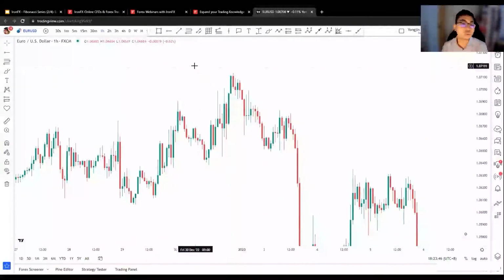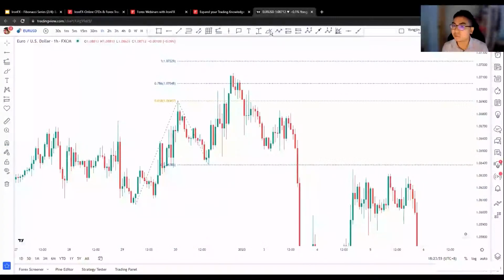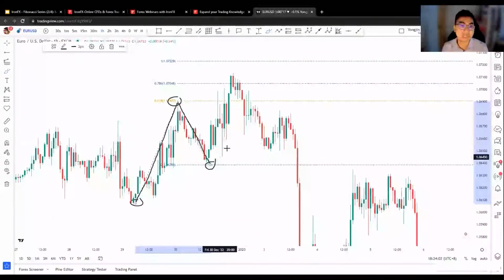If you draw a Fibonacci projection line from the bottom of the swing low to the top and back down to that, you can see 1, 2, 3. So it's quite a nice Nike tick right there.